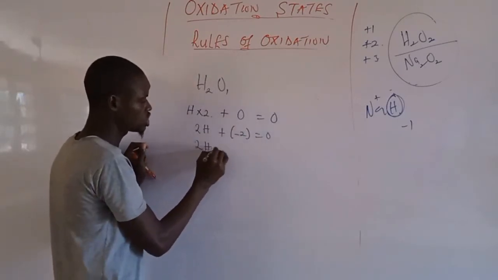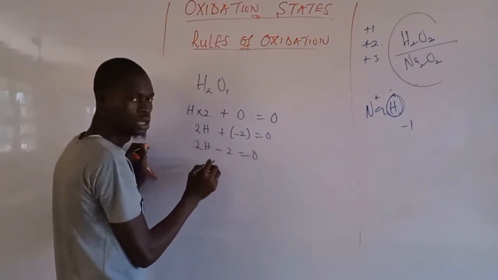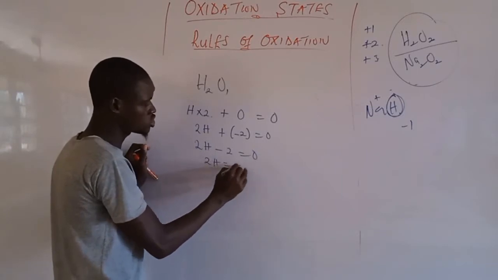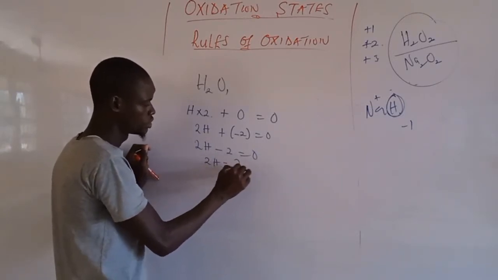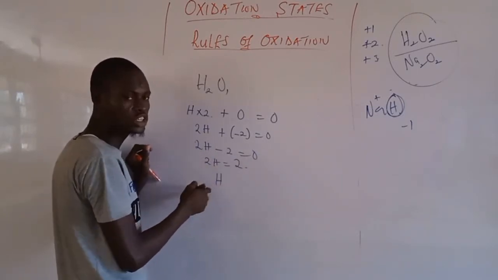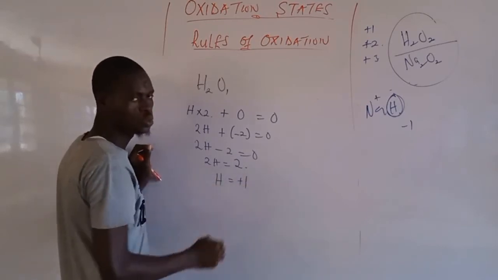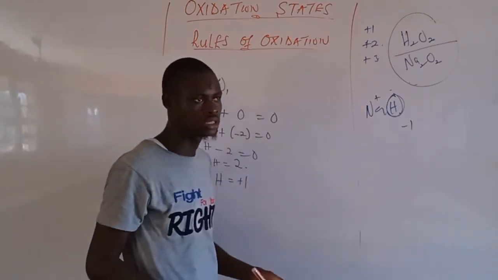So 2H minus 2 equals 0, so 2H equals 2. Now the oxidation state of hydrogen is equal to +1, which is correct.